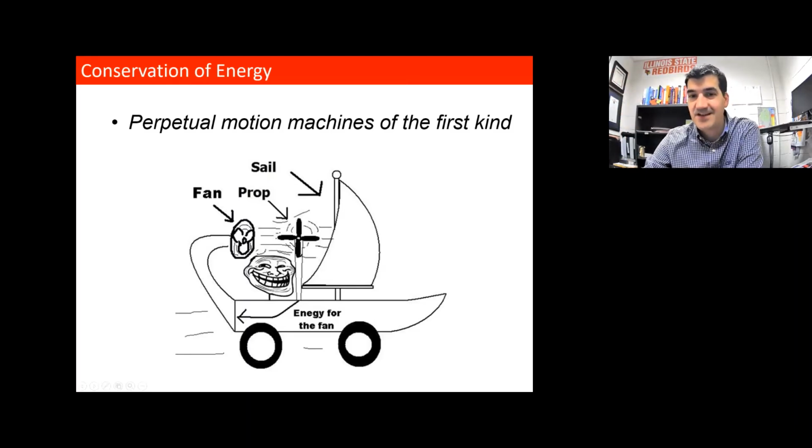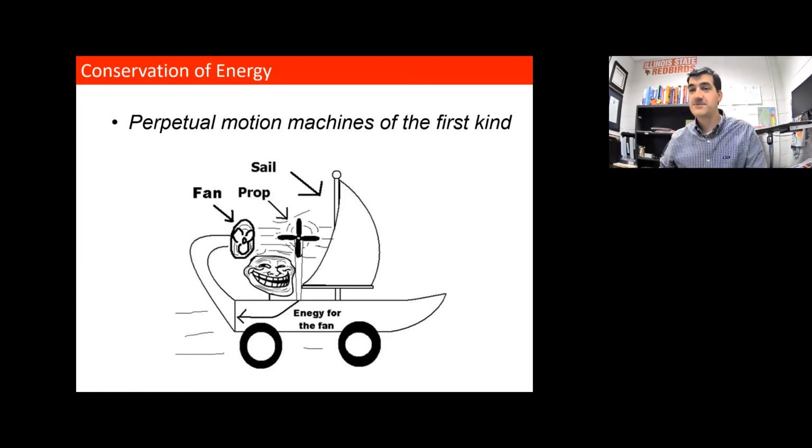So you'd have this loop going around right here. And even if you had no losses, this loop could work. But in this loop, there's nothing left over to push on the sail. So this can't work. Besides the fact that obviously wind turbines are not 100% efficient, and neither are fans. So there's several reasons why this can't work.